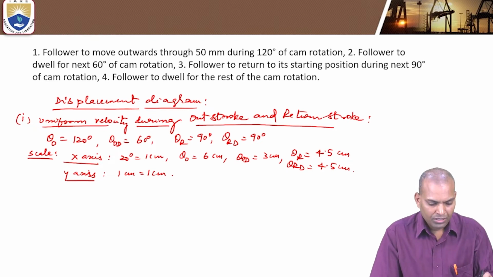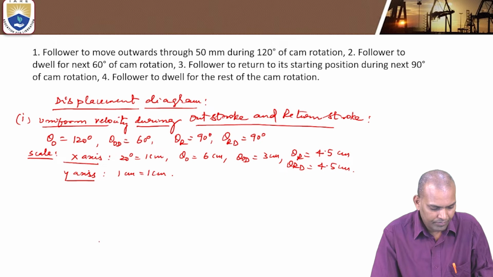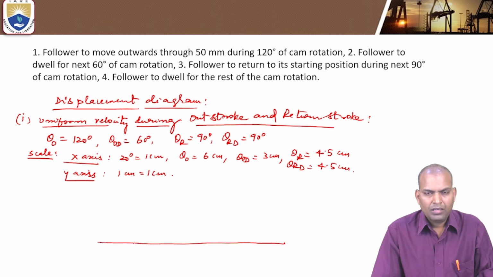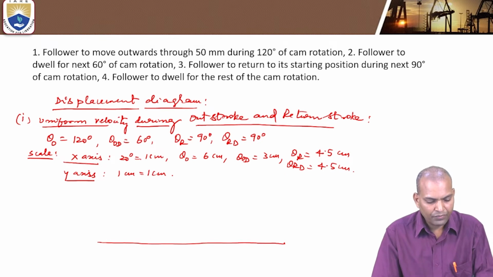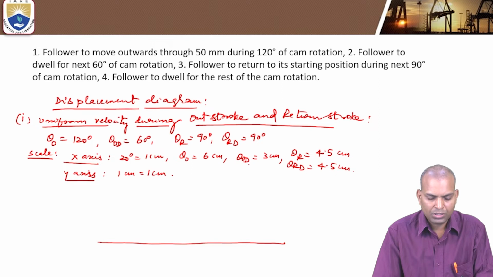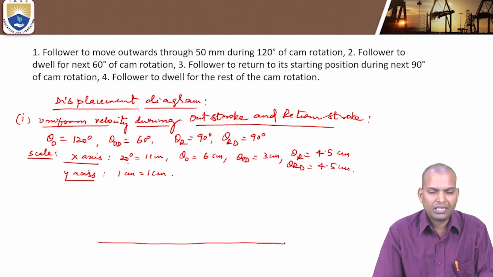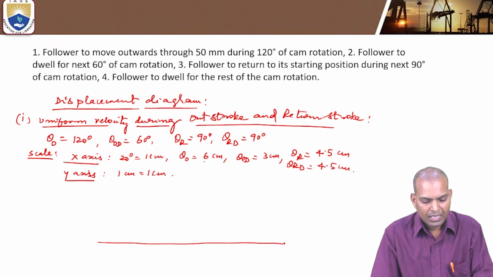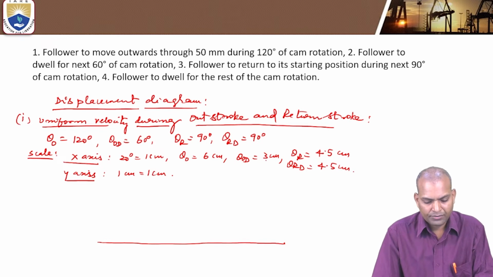We have to draw an x-axis line with the length of the sum of theta O, theta OD, theta R and theta RD. We use the scale, converting the angles of rotation into linear lengths, that is 6 plus 3, 9, plus 9, 18.